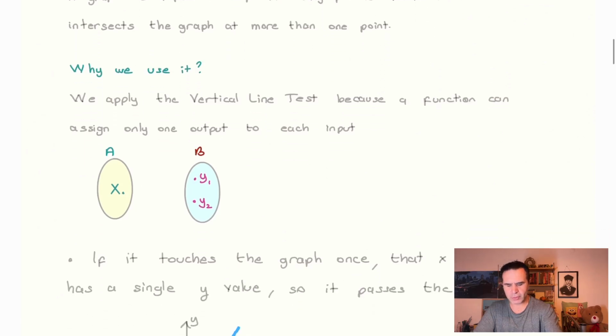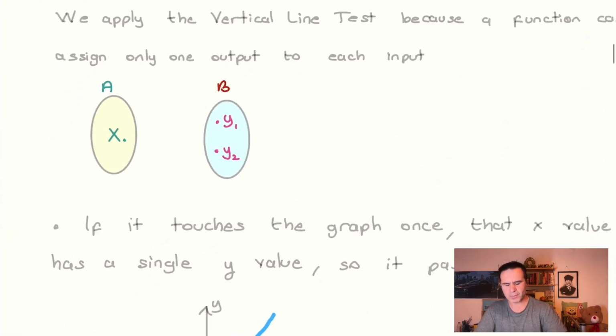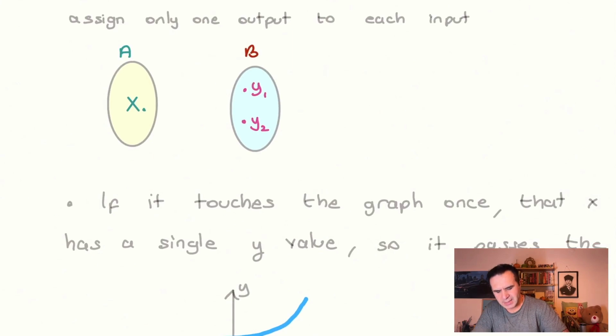Why do we use the vertical line test? We apply it because a function can assign only one output to each input. As you see here, we have an input value x. This value should go to only one output value.